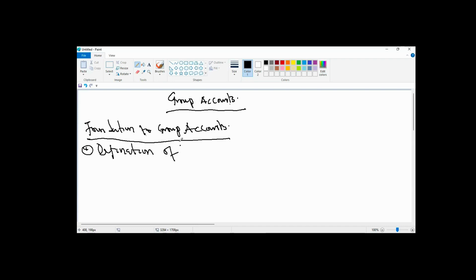Two, view structure. Three, cost of investments.